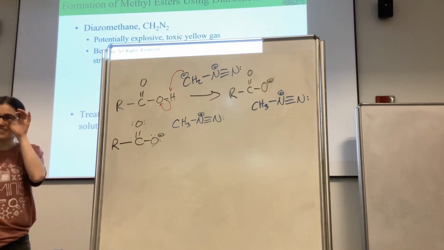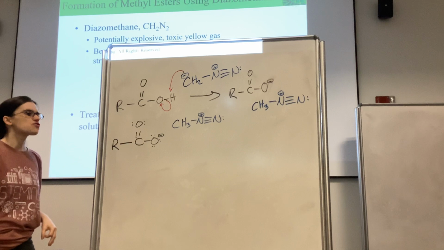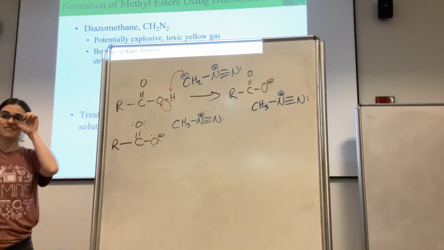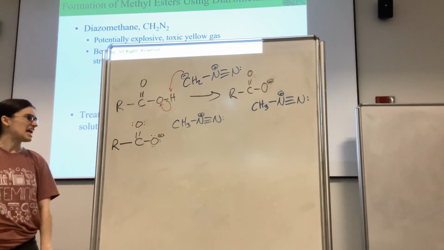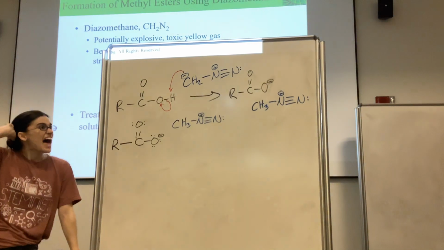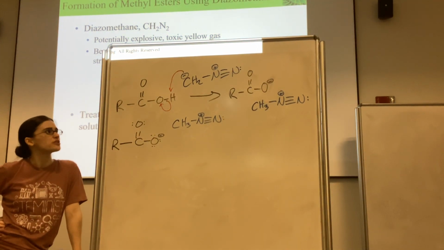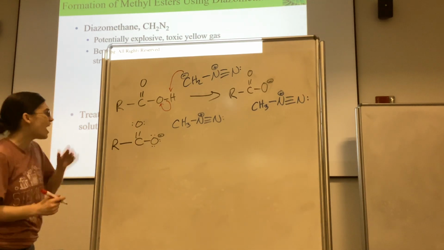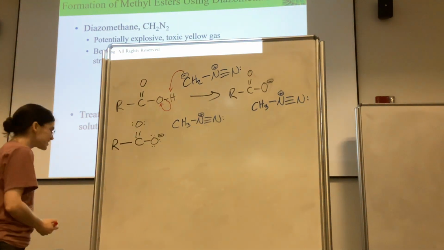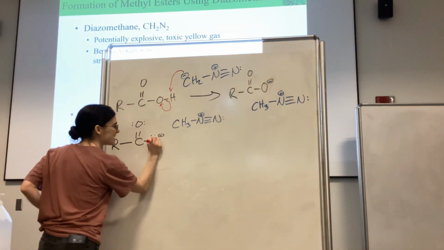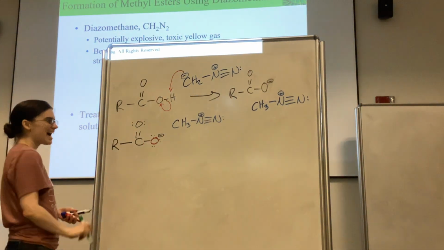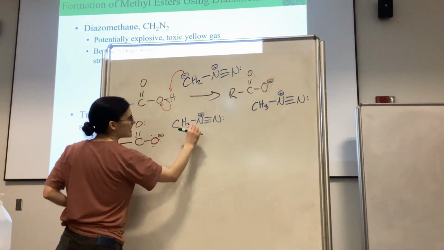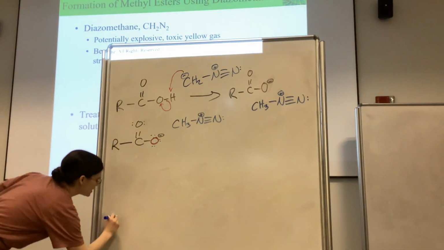So for Fischer esterification, it's like, throw some acid in there and nucleophilic attack does its thing, and that's that, right? That follows like all of our normal mechanisms, I want to say two-thirds to three-quarters of the mechanisms that we've seen so far. In this case, it looks like this guy has a whole lot of electron density, like the structure of nitrogen gas.